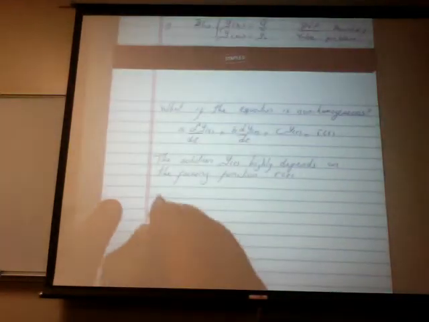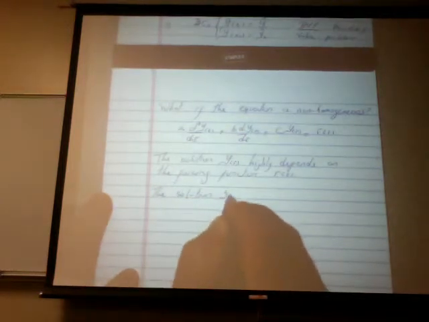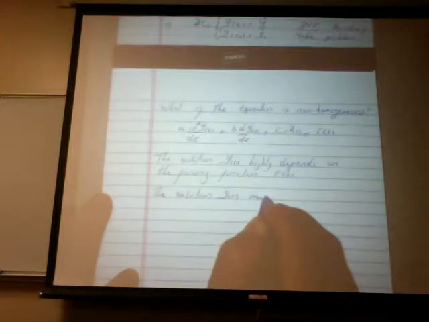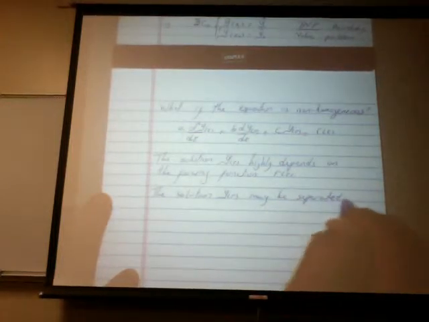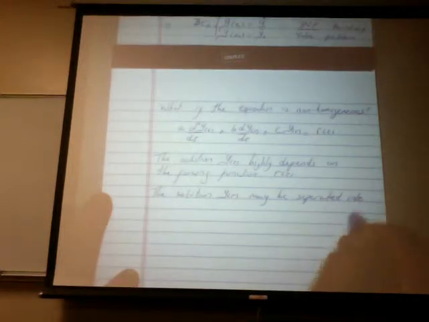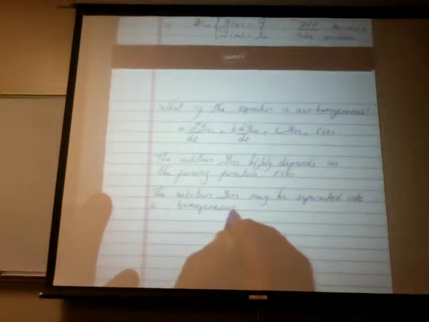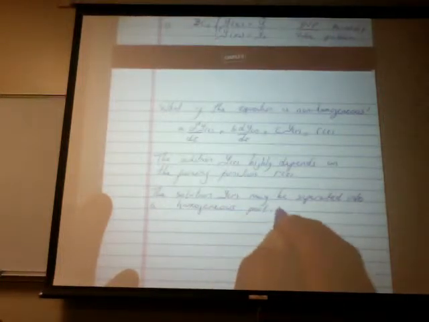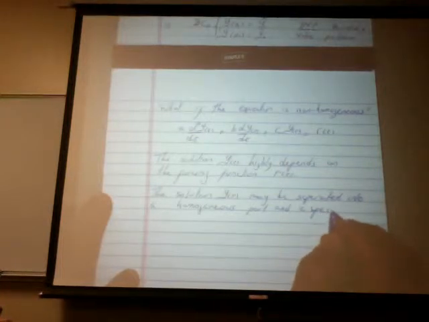The standard way of approaching this problem is separating the solution. So the solution y of t may be separated into a homogeneous part and a specific part.